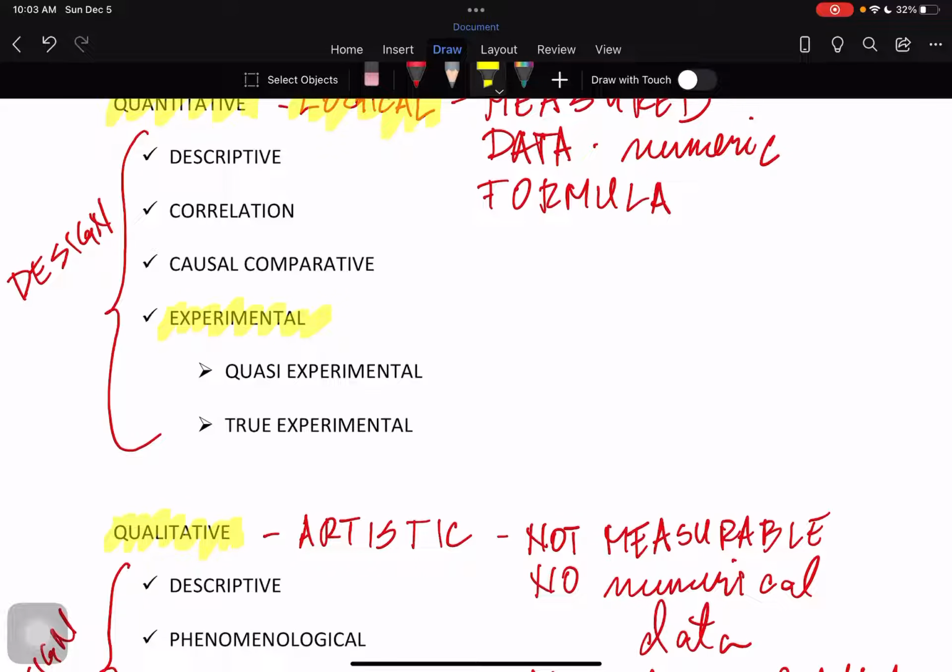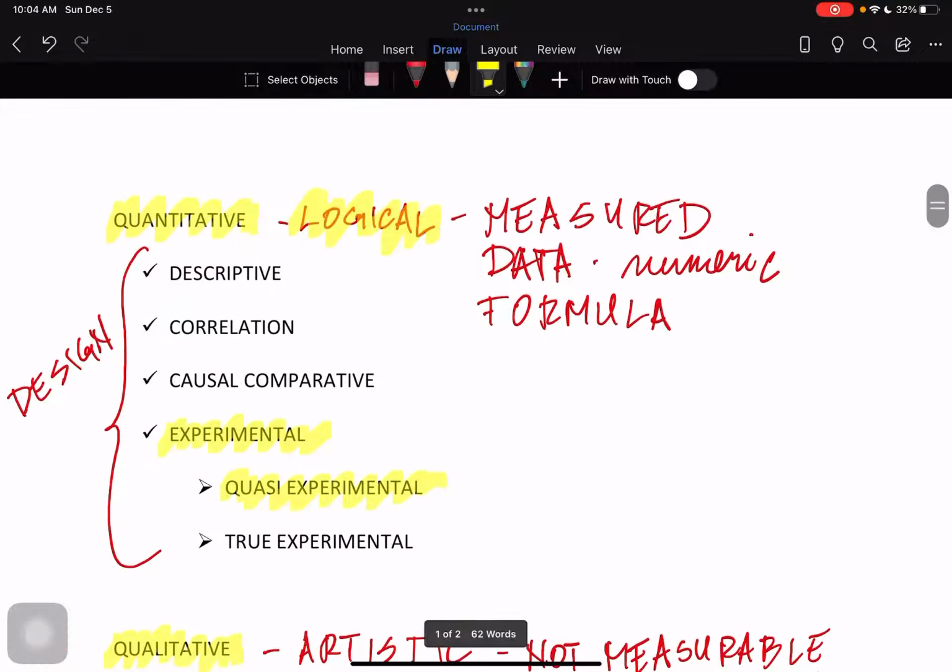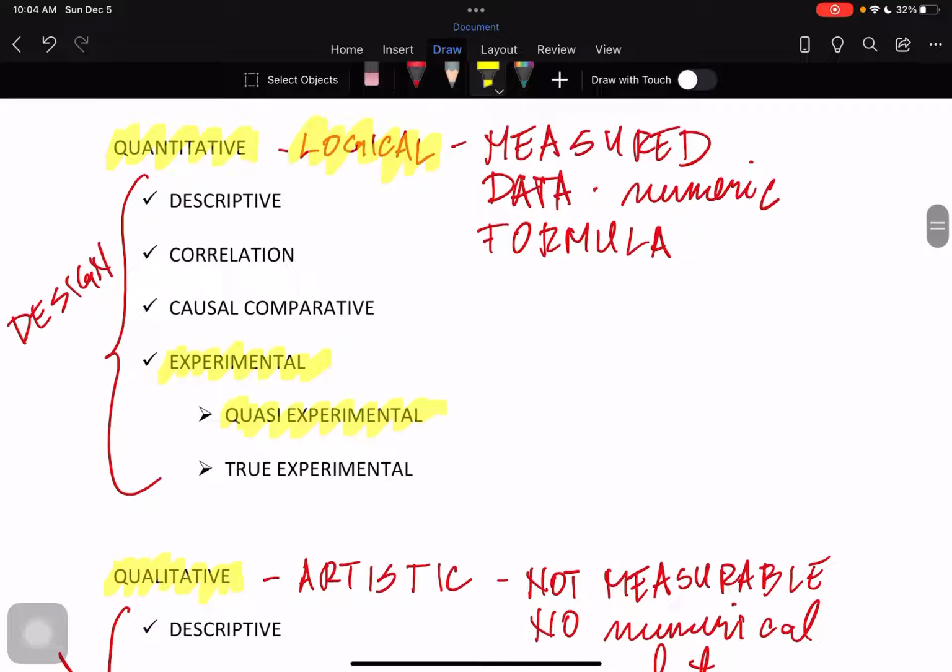Okay? So, again, if the research that I want to propose is the effectivity of gamification in teaching mathematics, it would fall under experimental, and then specifically, it would fall under the quasi-experimental research design. Okay, so these are, again, some of the quantitative research designs available for you to choose from.